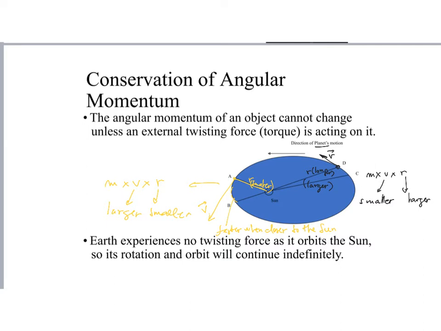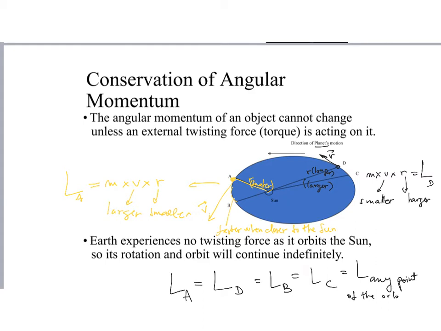The thing is that the angular momentum at point A is actually the same as the angular momentum at point D. So L at point A is equal to L at point D. And by the same line of argument, it's going to be the angular momentum at point B, or at point C, or at any position of the orbit.